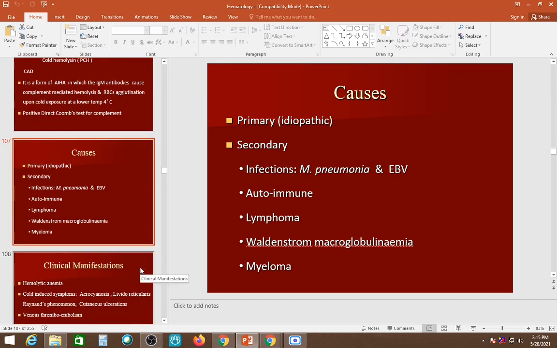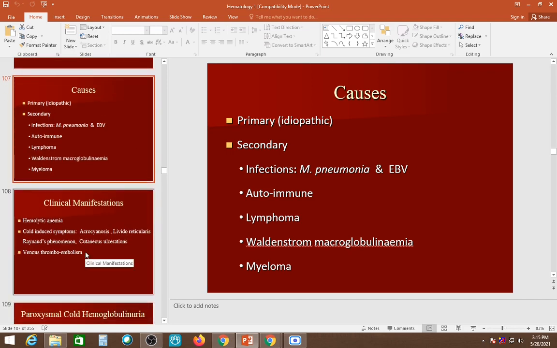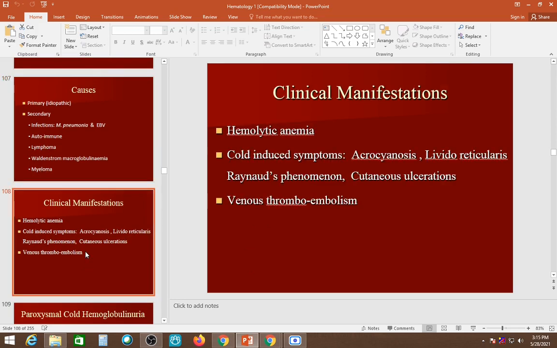Now coming to the clinical manifestations of these AIHAs. Basically, they present with hemolytic anemia. As I told you, they come with anemia, unconjugated hyperbilirubinemia, reticulocytosis, and an increase in LDH. In cold agglutinin disease, in addition to the hemolytic features, they come with cold-induced symptoms.